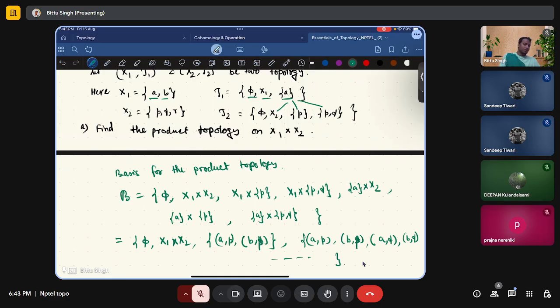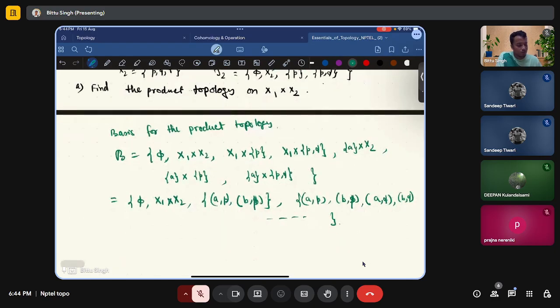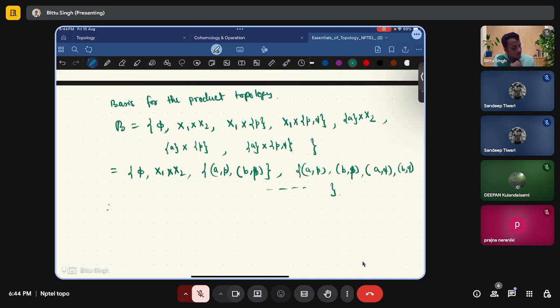Now, can you see what is the topology on x1 cross x2? So how do you generate a topology if the basis is given? This is the basis for the product topology. So how do you generate the topology? The way is to take unions of basis elements.